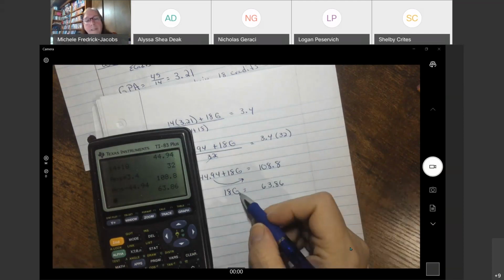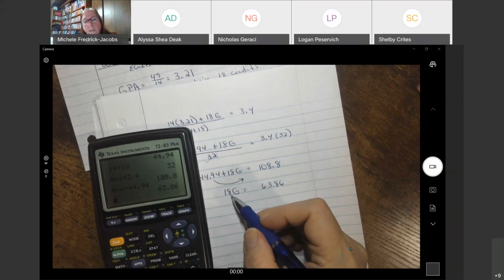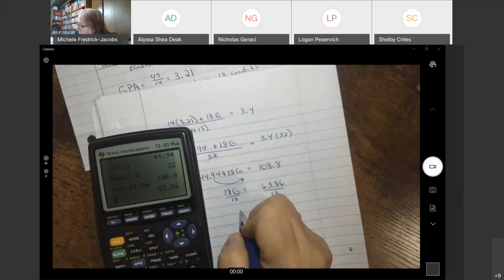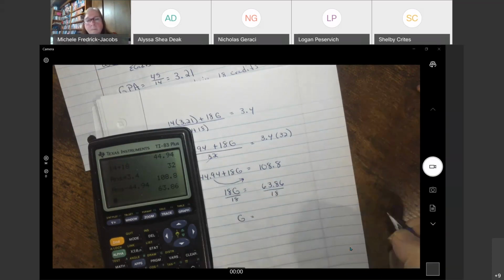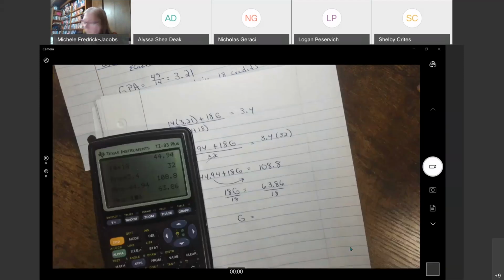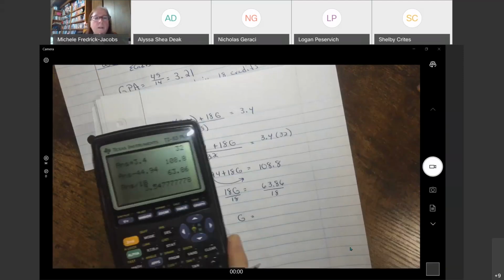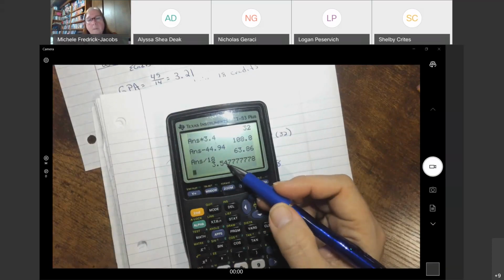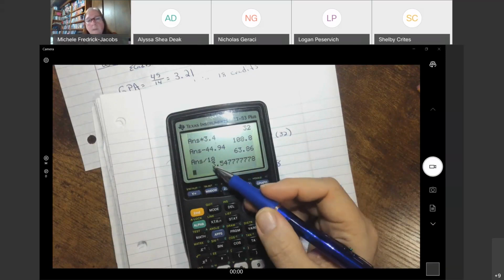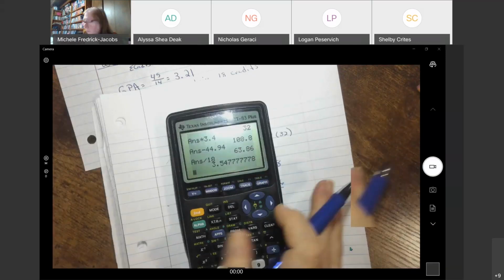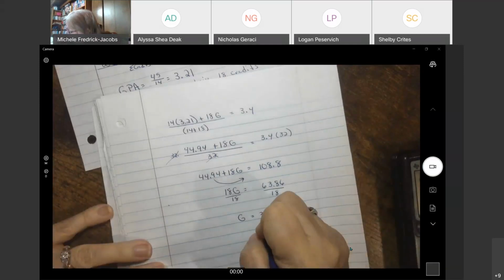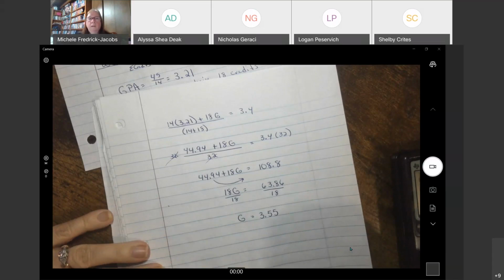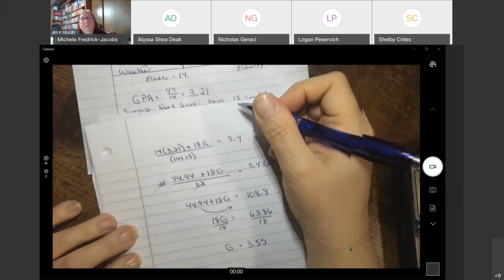Still trying to get the G by itself. Since this is being multiplied, we need to divide it. So we divide by 18. Rounding to 2 decimal places, 3.5, and this will go up because of these 7s. So 3.55. So we have a 3.21.